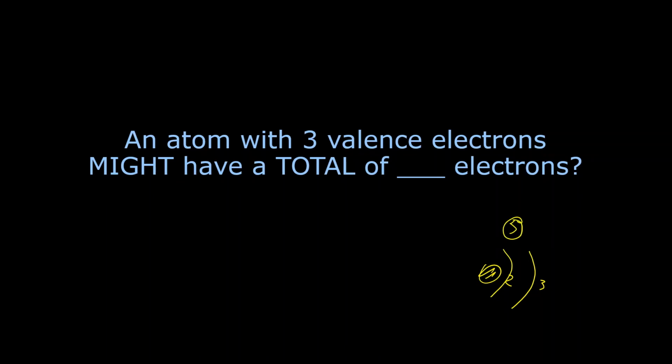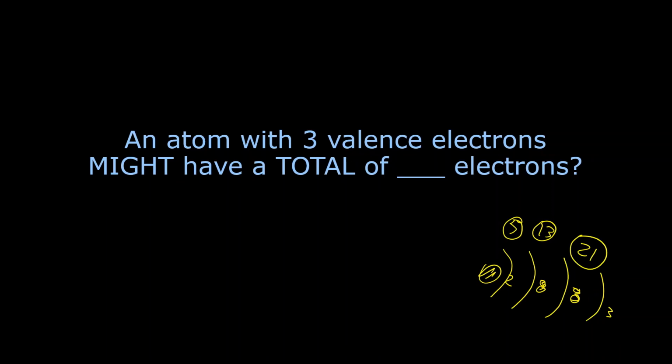You could have a situation where you had 2, 8, and then 3, right? That would give you 3 valence electrons. That would be 13. 13 would work. Well, so would 2, 8, 8, and then a 3 out here. 16, 17, 18, 19, 20, 21. So it looks like those are the winners.